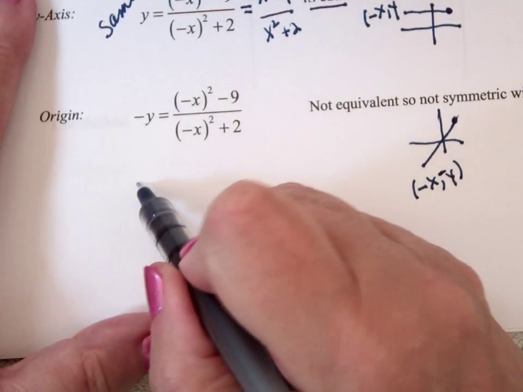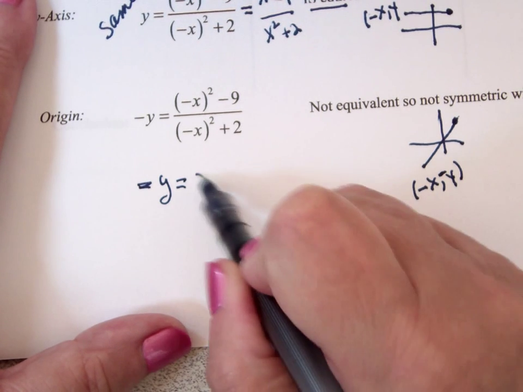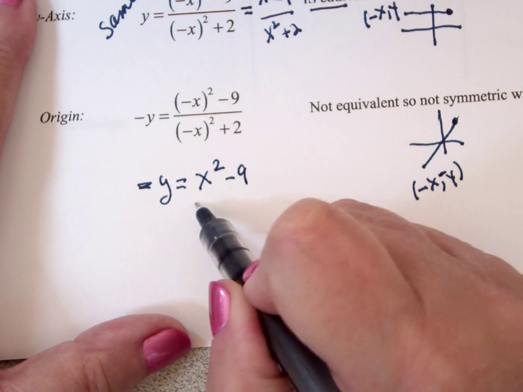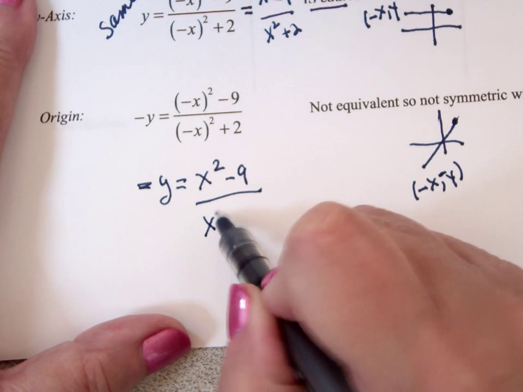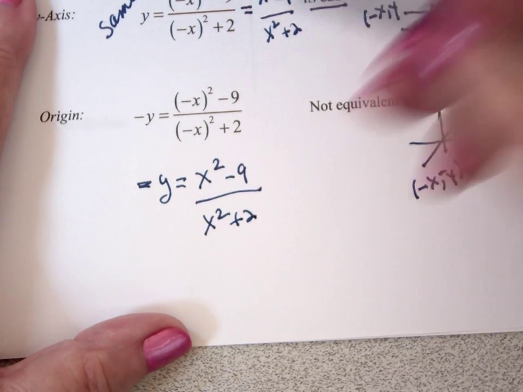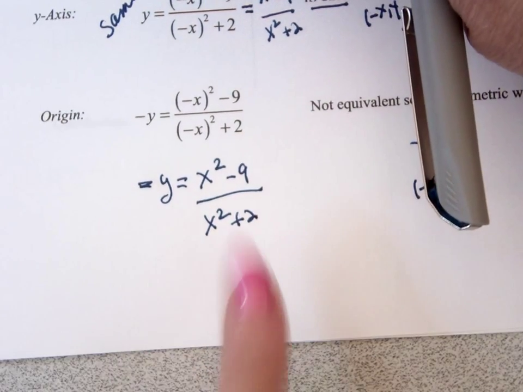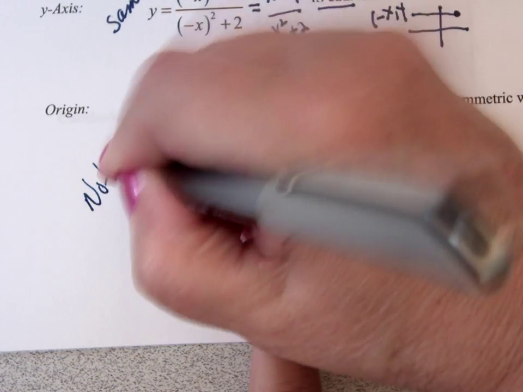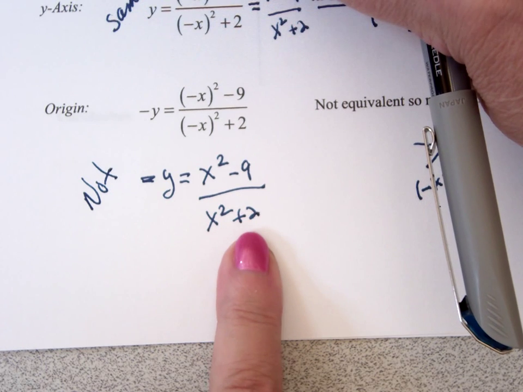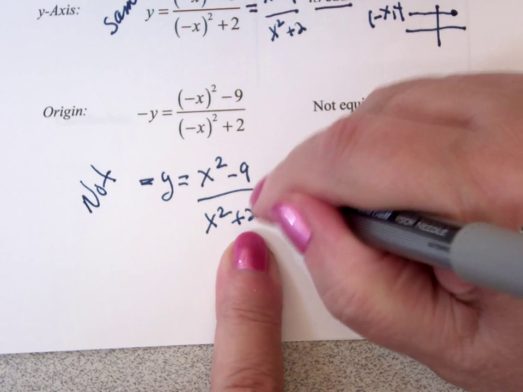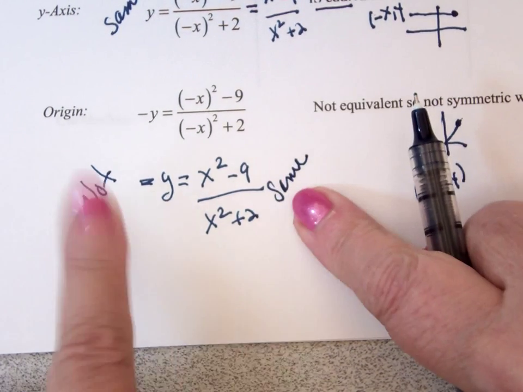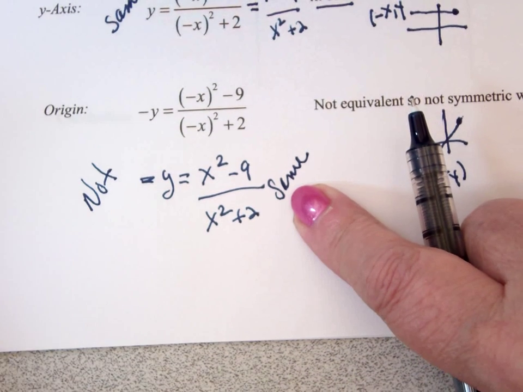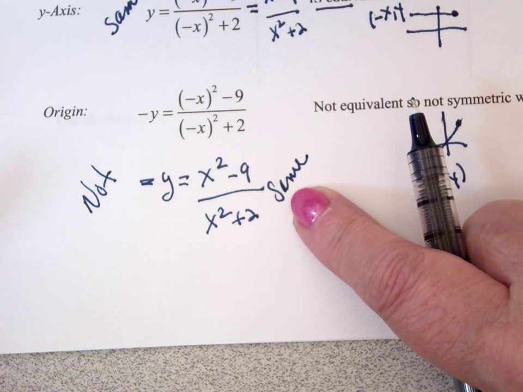Here I get that minus y equals x squared minus 9 over x squared plus 2. What do I notice? Not the same, right? And what about the two sides? Same. Not same means it is not symmetric with respect to the origin.